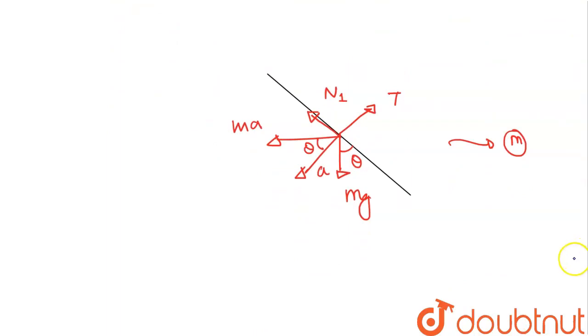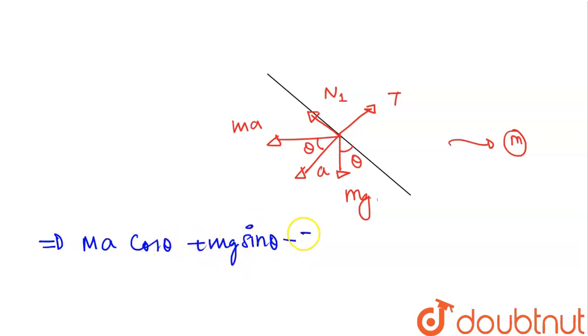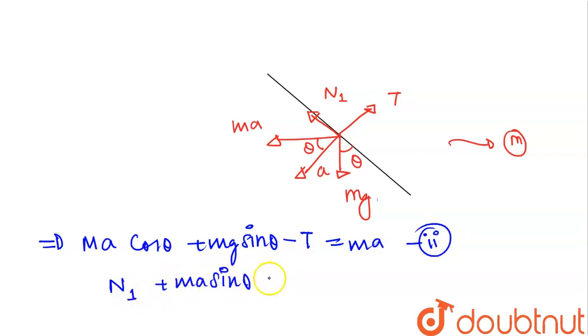And for small m it will be ma cos theta plus mg sin theta minus T is equal to m into a. Let's take this as equation 2. Also one more equation we can write from here: N1 plus ma sin theta is equal to mg cos theta. Let's take this as equation 3.